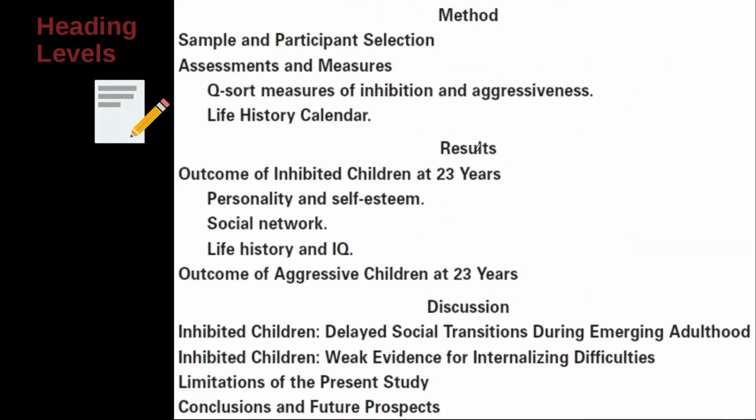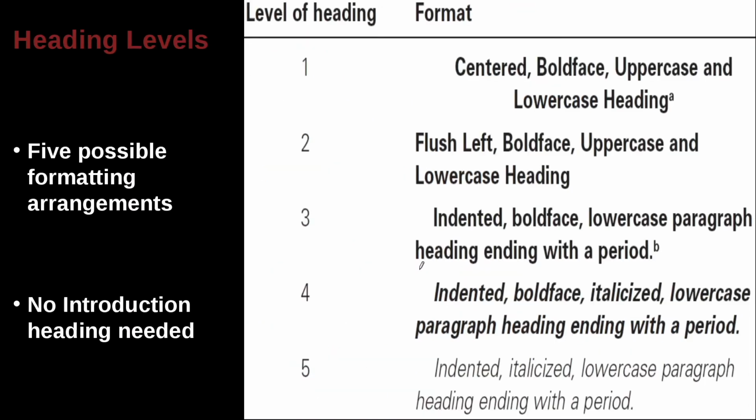Let's take a look at how that actually works in a real example. And you can see the sections of my paper: method, results, discussion. And these sections here are going to be level 1. So here that would be this level 1.